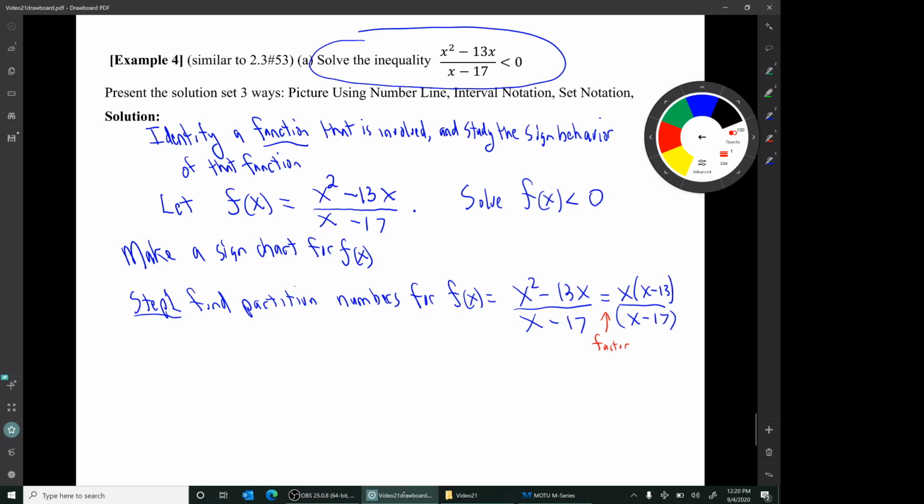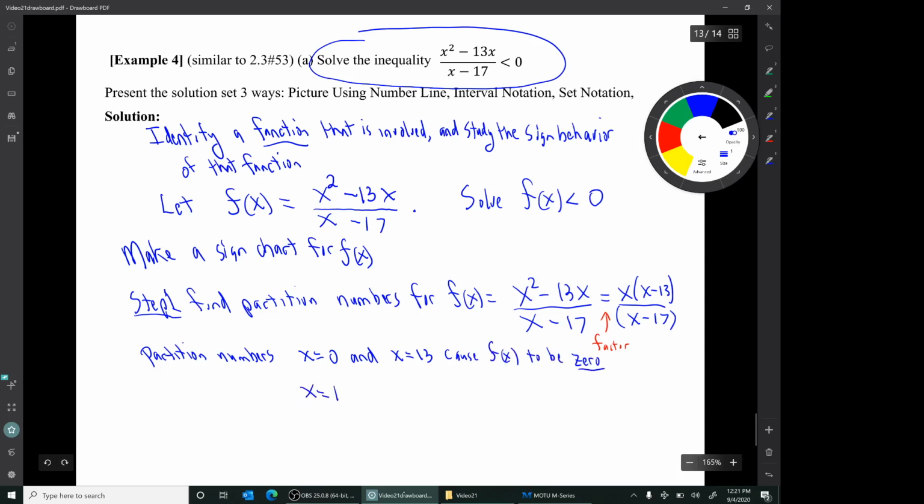That will cause the y values to be 0. And there's 1 x value that will cause the denominator to be 0. That will cause the y value to be undefined. That will cause the function to be discontinuous. So there are our 3 partition numbers.